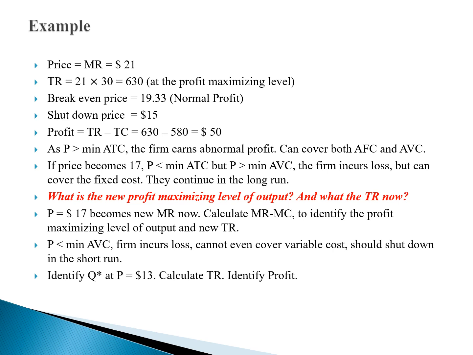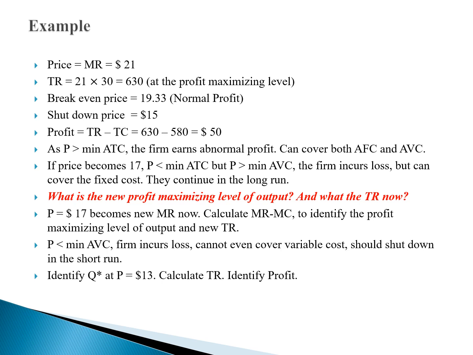So price is 21 and quantity is 30. Why is it 30? Because in our previous example, we have seen that at the profit maximizing level, where MR minus MC difference we have taken as 3, the quantity was 30. So 21 times 30 would be equal to 630.